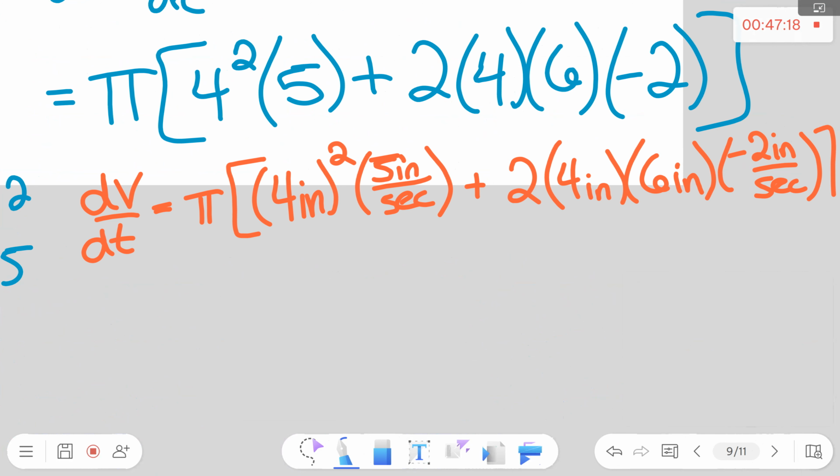So on this unit on the left-hand side, inches squared times inches, right, it's both in the numerator. Well, that gets me 16 times 5, which is 80, so it gets me 80 inches cubed per second. This turns into negative 96.